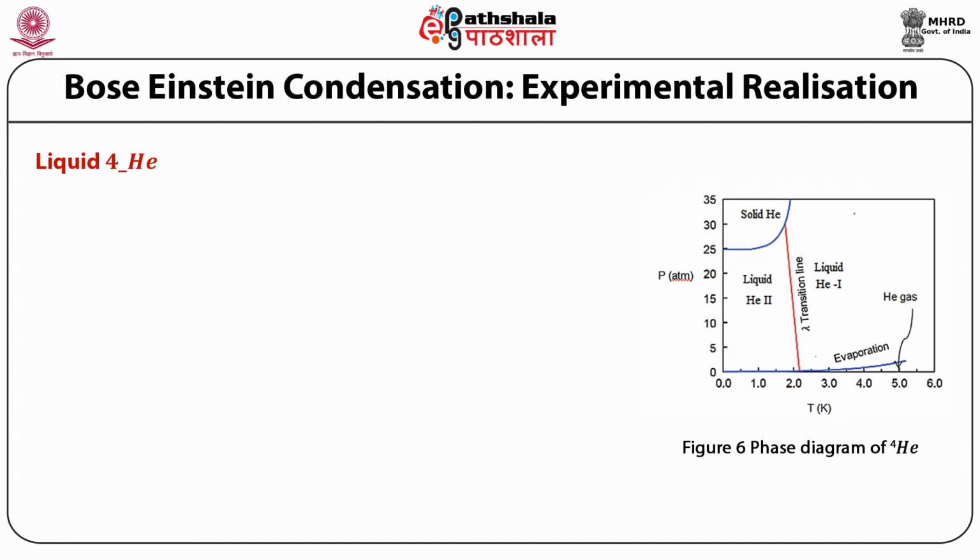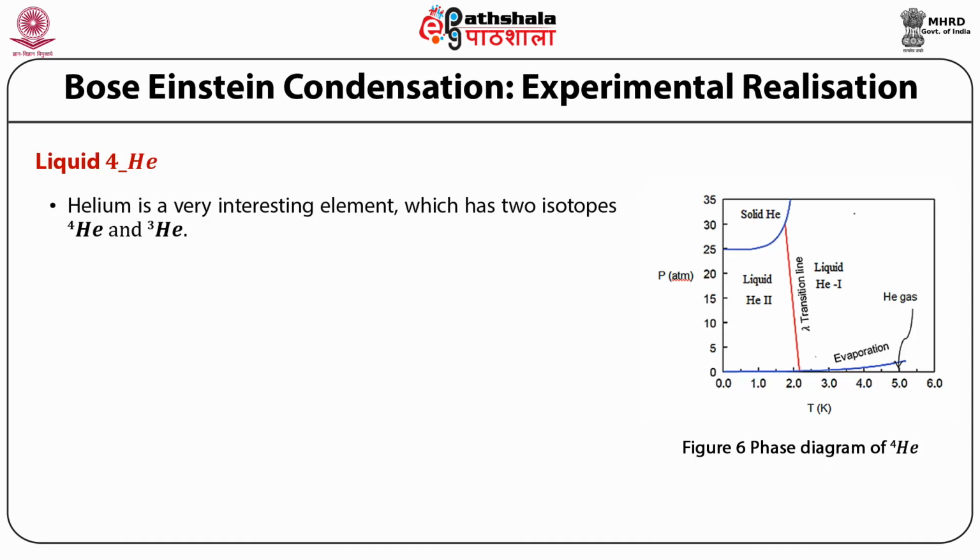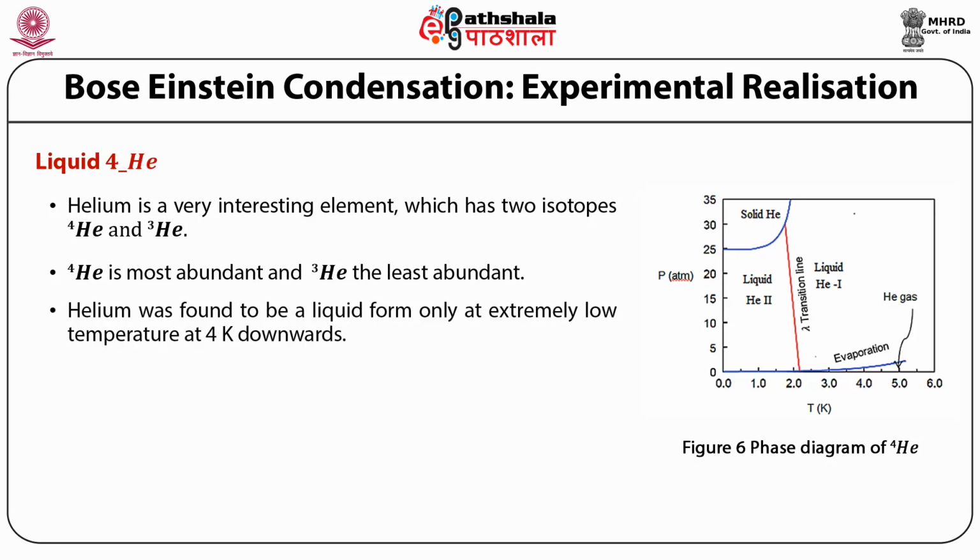Let's have a look at liquid helium-4. Helium is a very interesting element which has two isotopes, helium-4 and helium-3. Helium-4 is most abundant and helium-3 the least abundant. Helium was found to be in a liquid form only at extremely low temperatures at 4 degrees Kelvin or below.